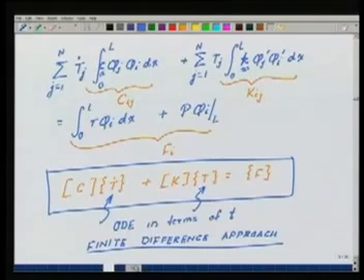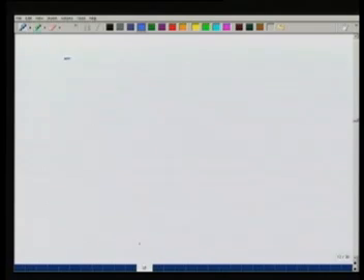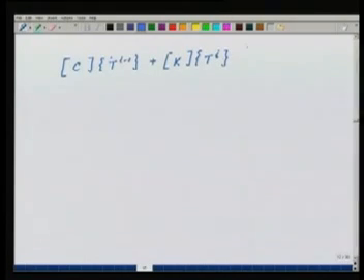So given this, the equations will become: at time station I minus 1, C into T dot at I minus 1 plus K into T at station I minus 1 is equal to f at station I minus 1.